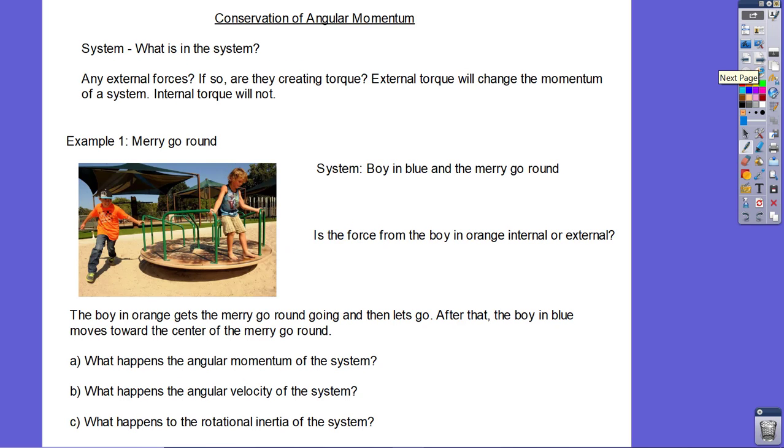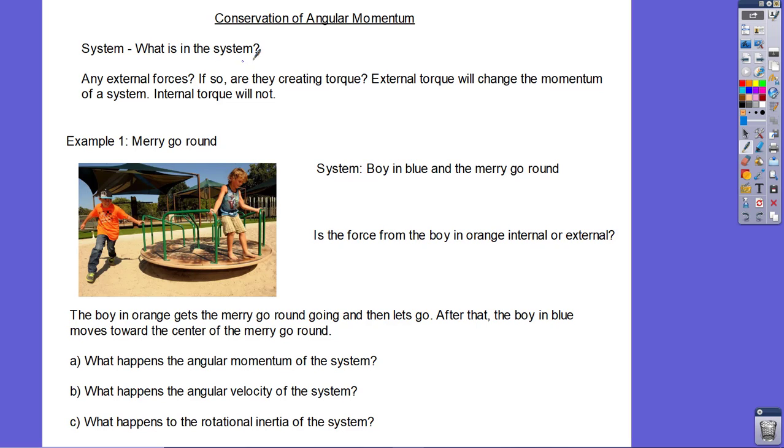Okay, so when we're dealing with conservation of angular momentum, very often it is a word problem. Think through this. When this event happens, when something is changed, what's going to happen to the angular momentum of the system? Or this happens to the system, explain why, and you may have to explain that. The same thing applies as with linear momentum problems.